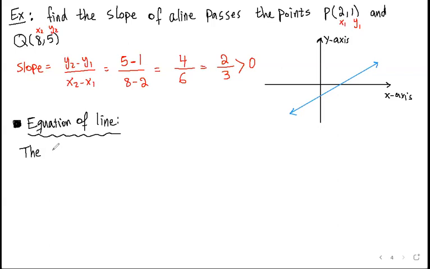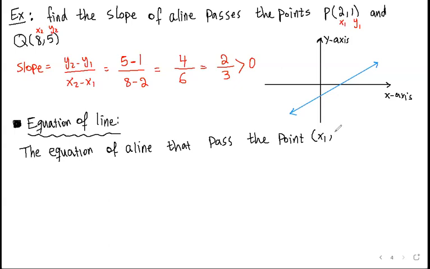So the equation of a line: suppose I have a line that passes through the point x1, y1 and has slope m.